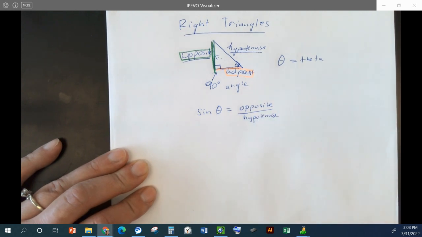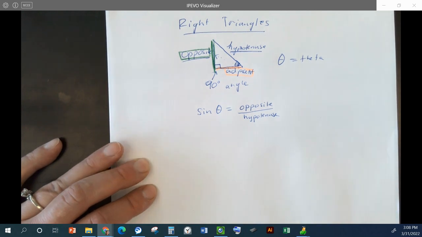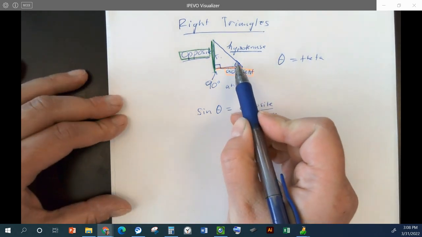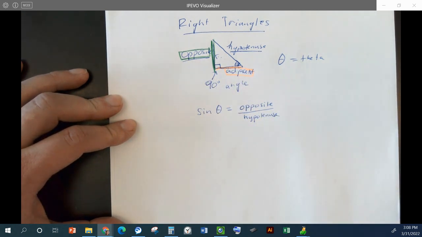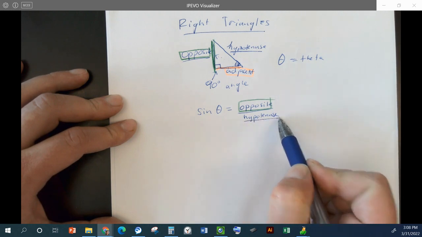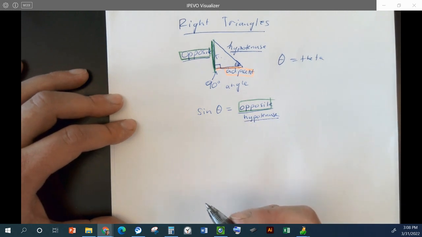So this is just a relationship that's useful if we have a 90 degree angle. And we have another angle. The sine of this angle is the opposite side over the hypotenuse. Okay. Questions so far?